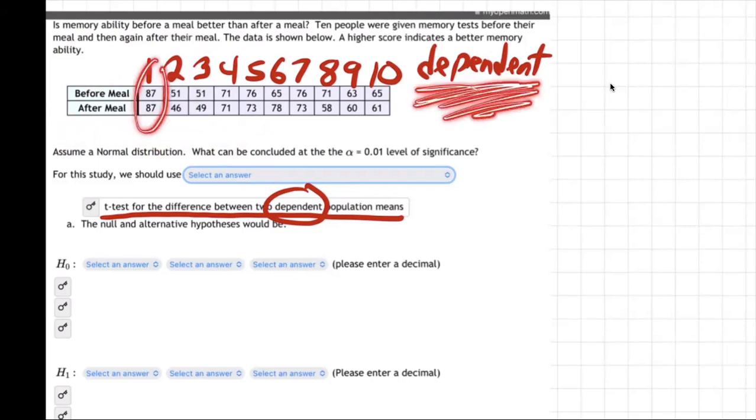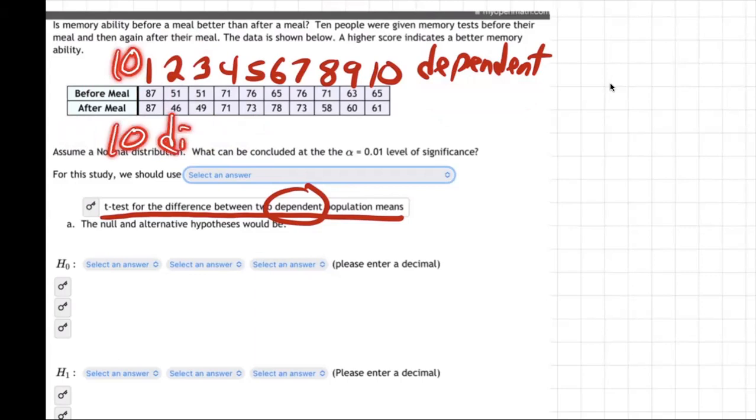It's a dependent study, meaning why this is better is because, if you just had 10 people take the test before the meal and then a different 10 people take the test after they ate a meal, say the scores were higher before or after or whatever, you would just think, well, it's just a different 10 people. Maybe those 10 people just have better memories or something like that. Maybe it has nothing to do with the meal.